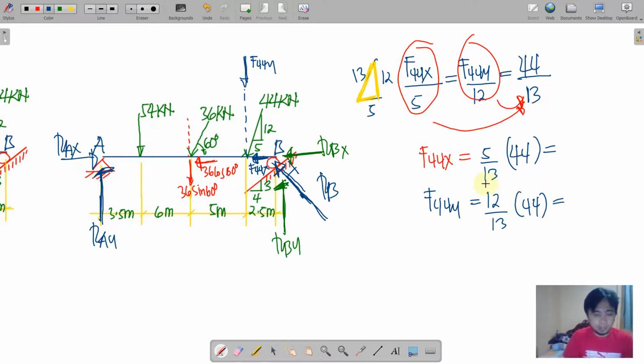We have here equivalent to 16.92. And for the other one, we have 40.62.